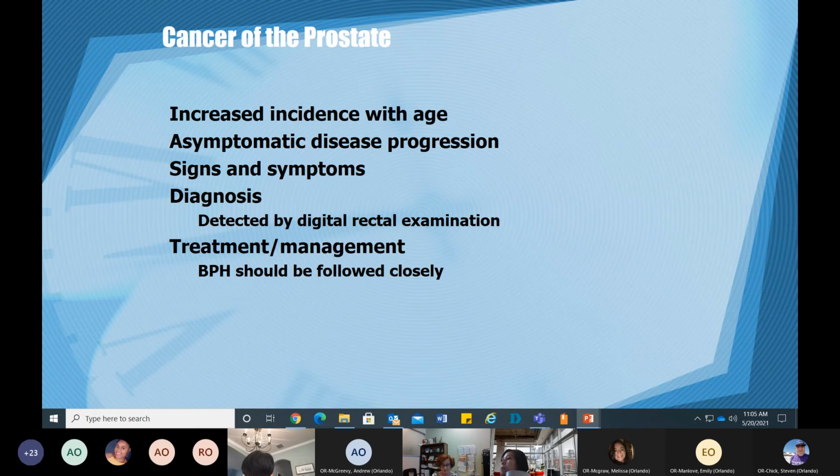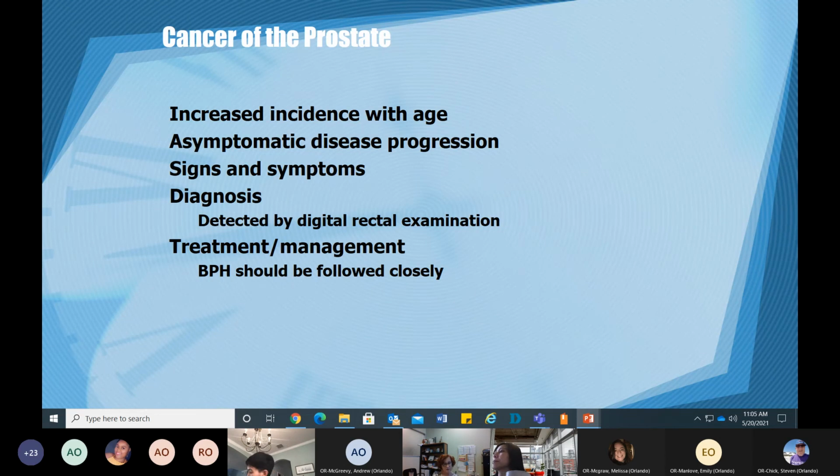But a PSA above 4 to 10 nanograms per mL is kind of suspicious, and the doctor will order further evaluation for that. Of course, the digital rectal exam by the healthcare provider will also be able to let them know if there's some type of increased swelling in the prostate. And there's all kinds of options for this. Surgical interventions, radiation, hormone treatments, okay.